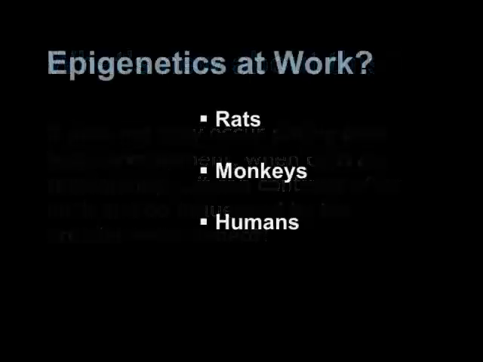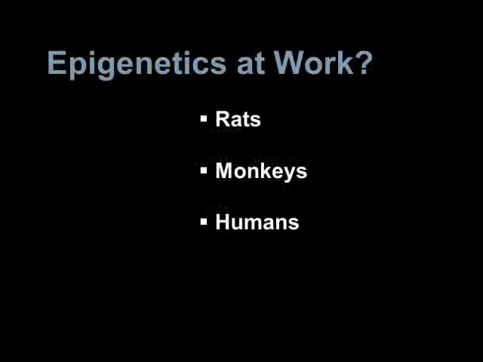There's wonderful work in rats showing where you take rat babies and you cross-foster them between high and low licking and suckling rat mummies, that the rats who have the high licking and suckling mummies, that licking and suckling sets about a biochemical cascade which methylates and demethylates different stretches of DNA, which end up down-regulating the hypothalamic pituitary adrenal axis.